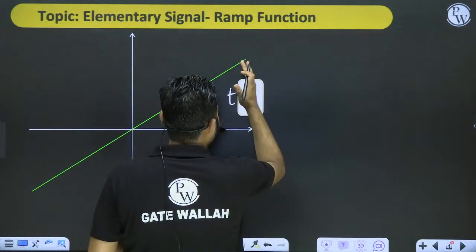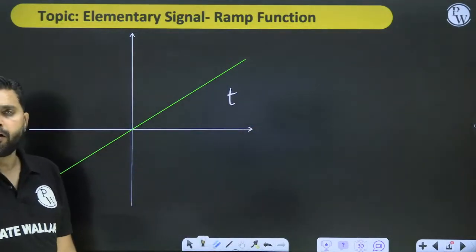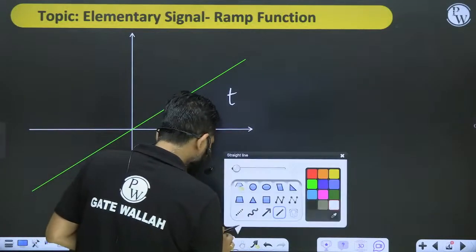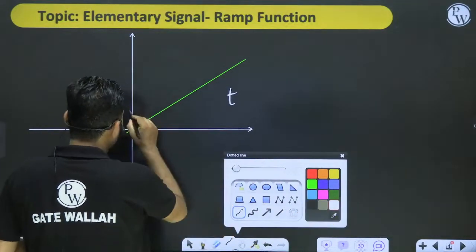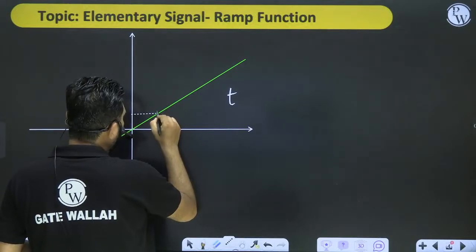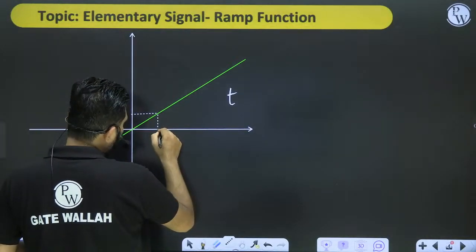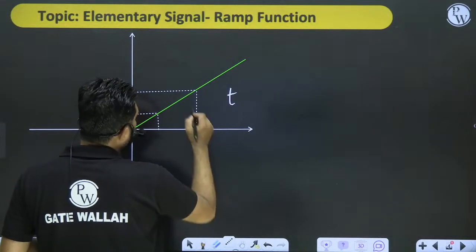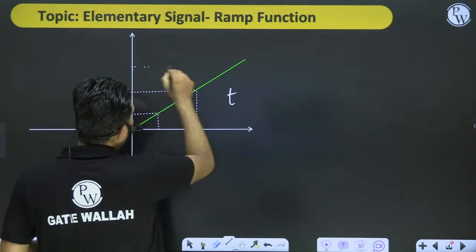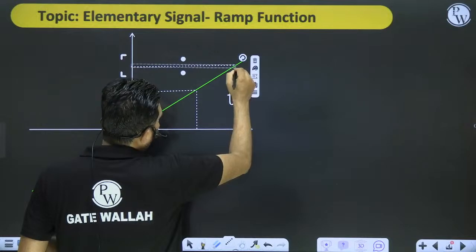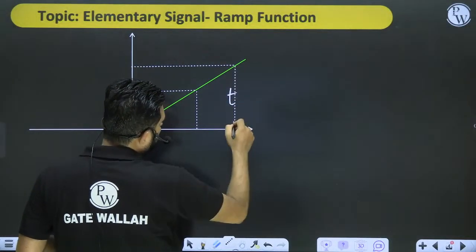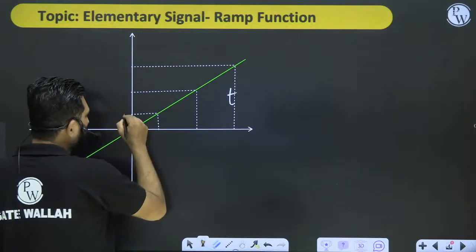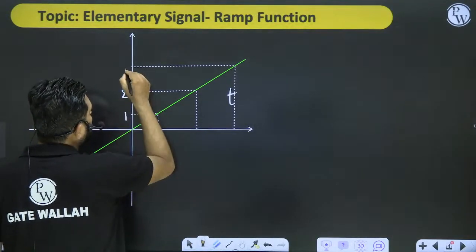Now what I am doing is that, for this t, we have at 1 this 1, at 2 this 2, and so on. So this is 1, this is 2, this is 3.